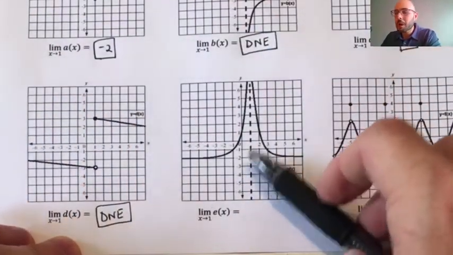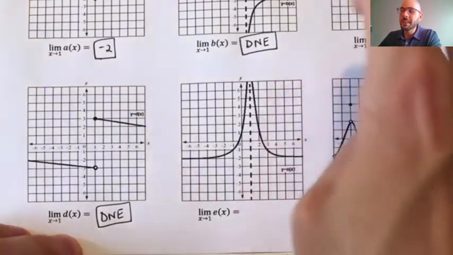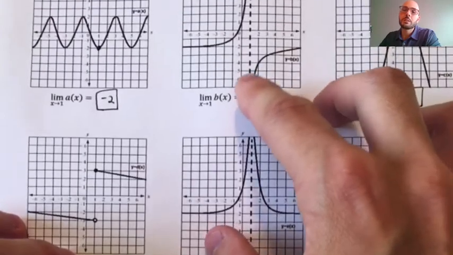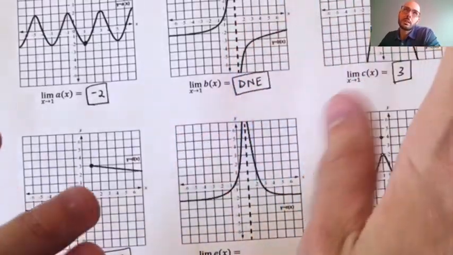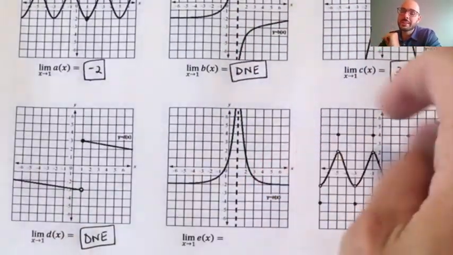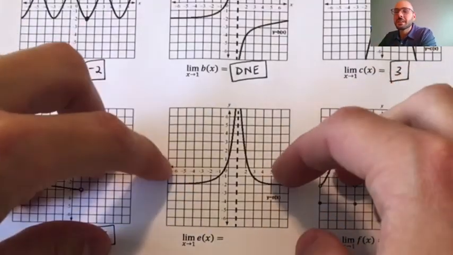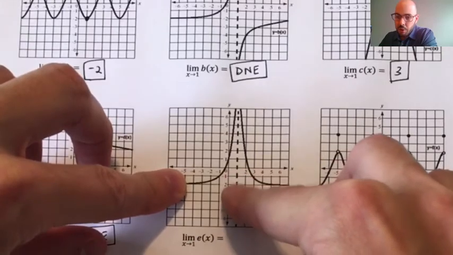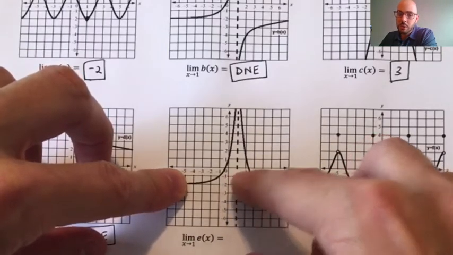All right, this one's probably one of the trickier ones. We have another asymptote situation. So you might have thought, well, maybe all asymptotes are D and E, but that's actually not the case in this problem. So here we have the limit as x is approaching 1. So we're going towards 1, towards that asymptote.